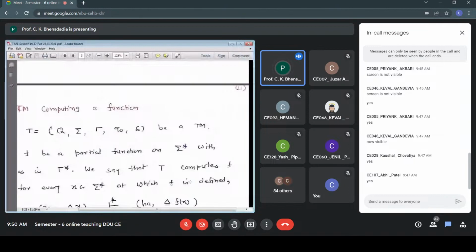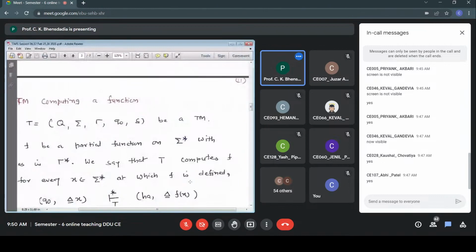So my input is Q0 x. For this particular x, the function f may not be defined; it is defined at discrete points. For any x where it is defined, it will halt, and at halting it will compute f(x). So it is the computing function. For any point on which the function is defined, it will halt and compute f(x). So we say that T computes f, for every x belonging to sigma star where f is defined, by the initial configuration.